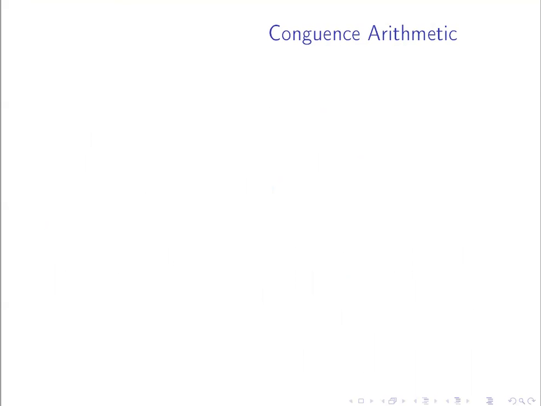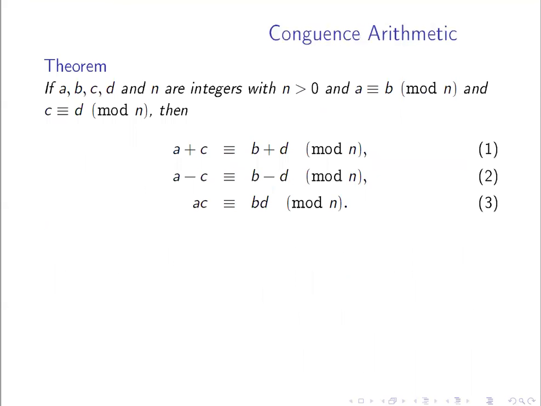All right, congruence arithmetic. If a, b, c, d and n are all integers where n is bigger than 0, obviously we don't want mod 0, that's just weird, and a is congruent to b mod n, and c is congruent to d mod n, then a plus c is congruent to b plus d mod n. This is very, very useful.